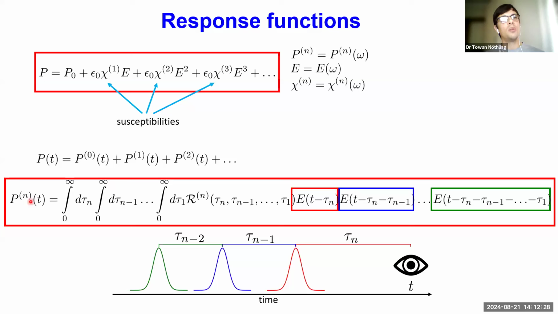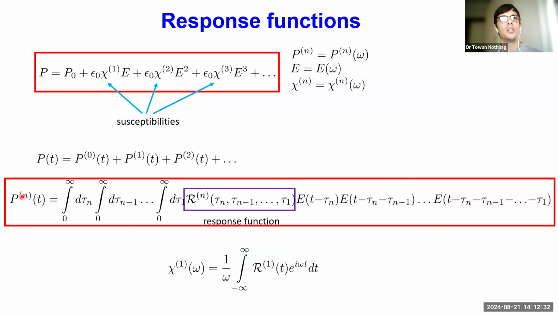But the nth order polarization also depends, of course, on how the system responds to those electric fields. So the nth order polarization depends on the nth order response function. You'll hear that name again later, response function.